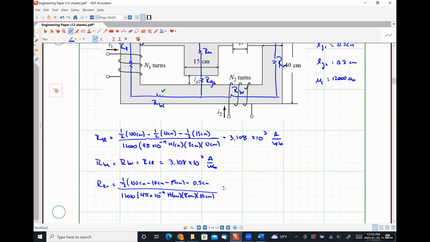Half times 100 minus 10 minus 15 minus 0.5 over 12,000 times 4 pi times 10 to the minus 9 times 8 times 10. 3.067 times 10 to the 3 amps per Weber.